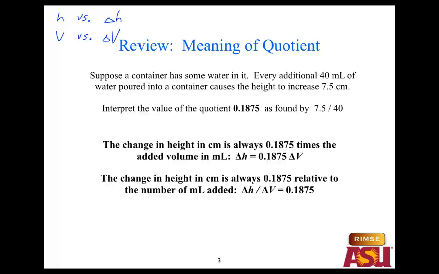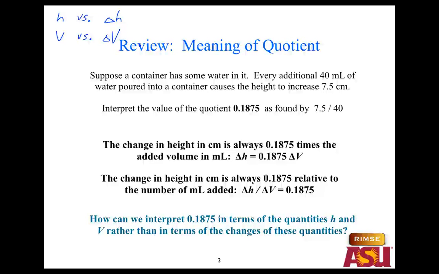So how can we talk about that number in terms of h and v rather than in terms of the changes? Even though we know that's a constant ratio of the changes, can we interpret that number in terms of h and v? No. I saw a couple of no's. Anybody think you can? Want to give it a try? Yeah, Clint.